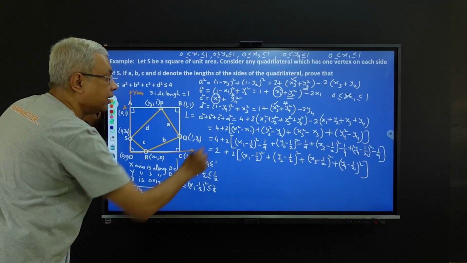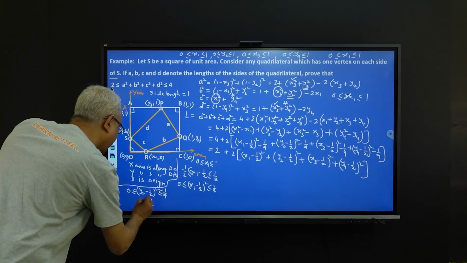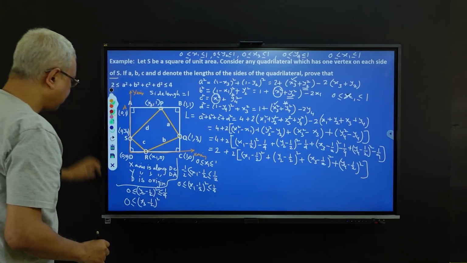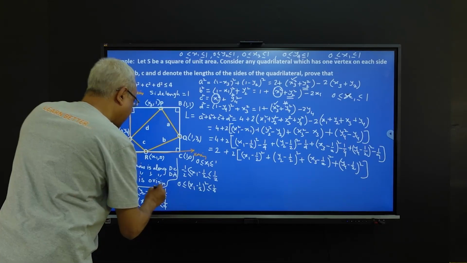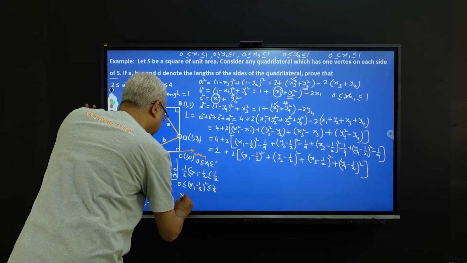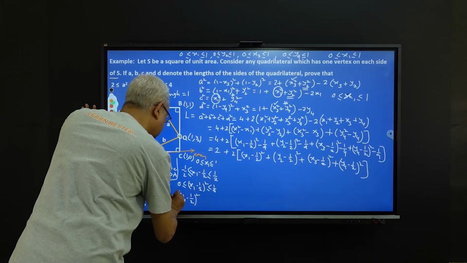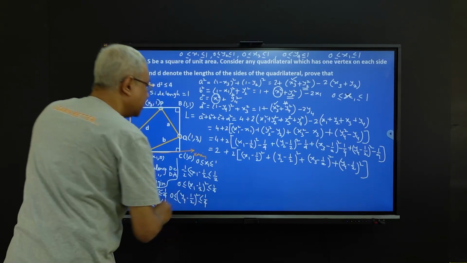Similarly, x3 minus half whole square is greater than or equal to 0 but less than or equal to 1/4. And similarly, y4 minus half whole square is greater than or equal to 0 but less than or equal to 1/4.